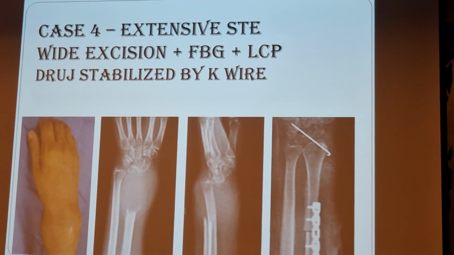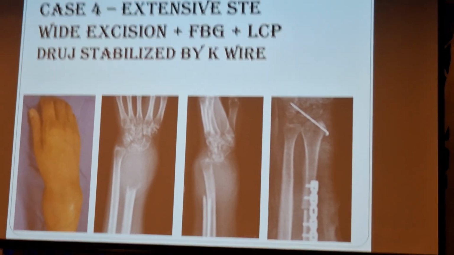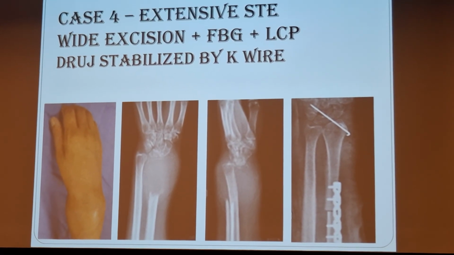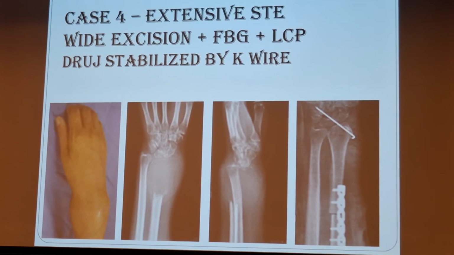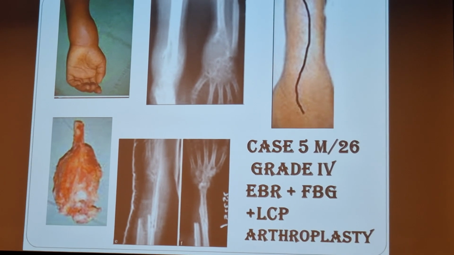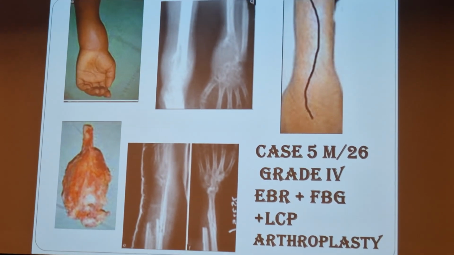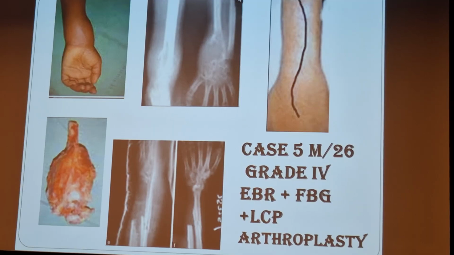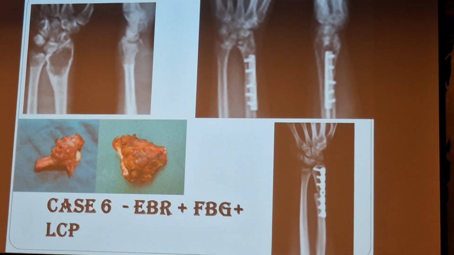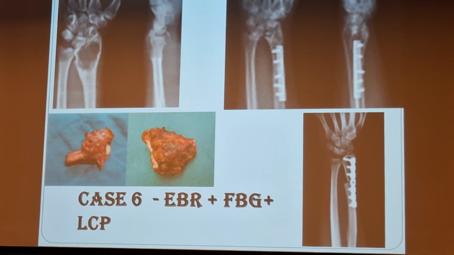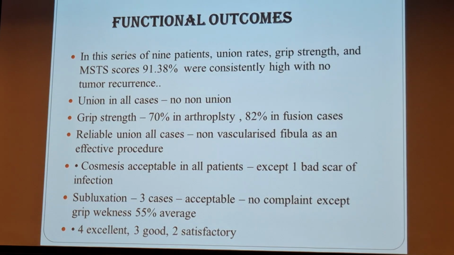Again, an extensive lesion involving articular cartilage, wide excision, fibular grafting, and plating was done, which was later removed. DRUJ stabilization by K-wire. Another case, a very extensive lesion with articular involvement, same treatment, with arthroplasty. This is the last case. Again, excision and plating was done.